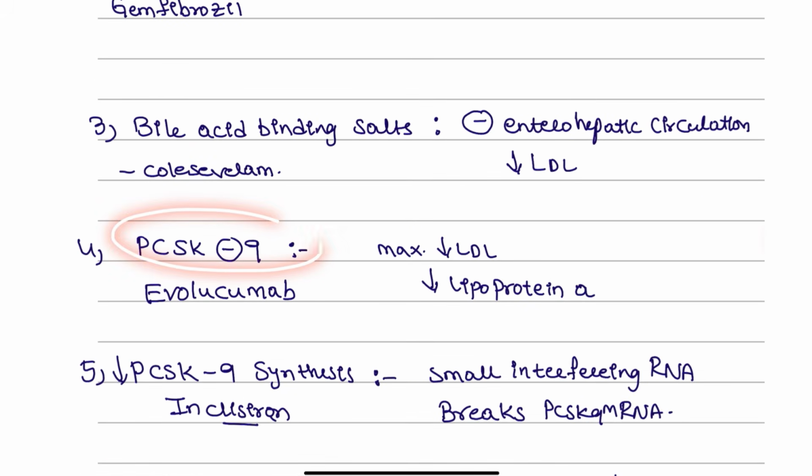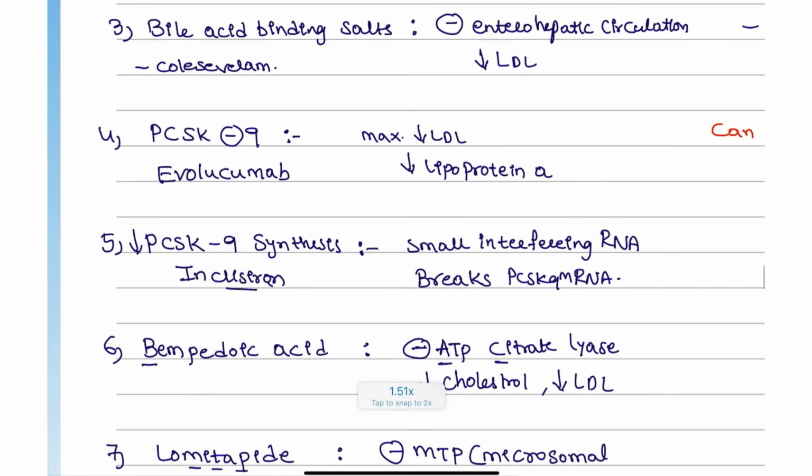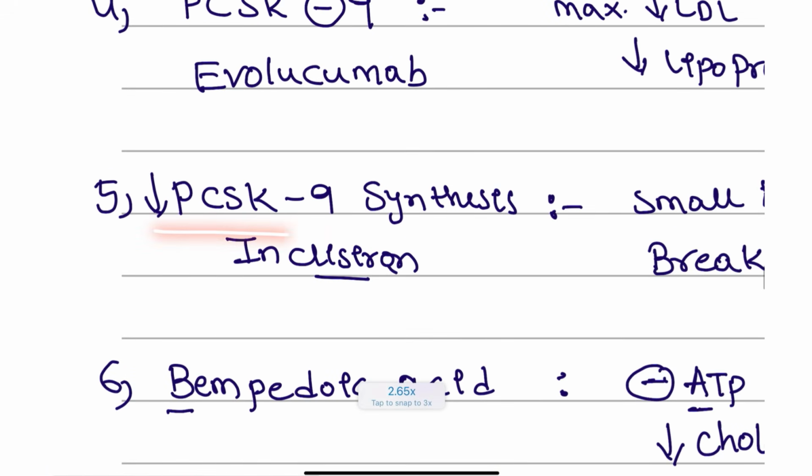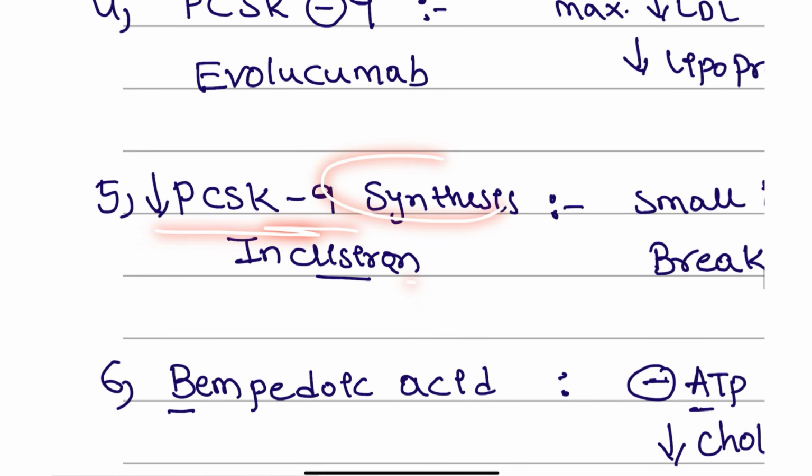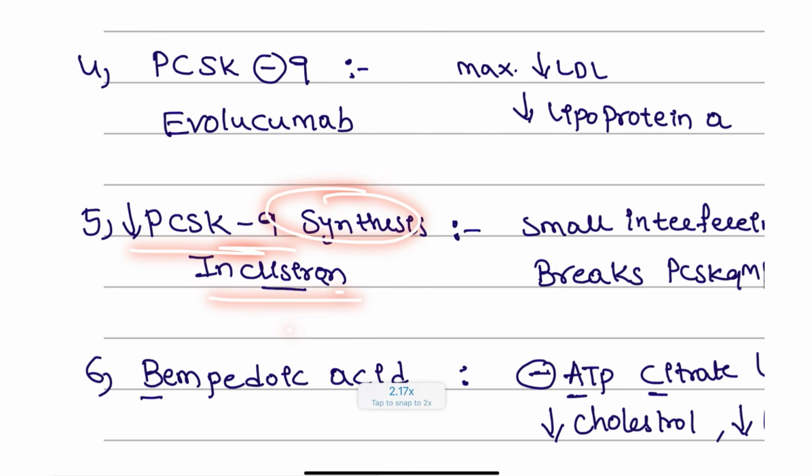And PCSK9 blocker. So this is the common drug evolocumab, and maximum LDL and lipoprotein A activity will be decreased in this patient. And the PCSK9 synthesis blocker, that is the inclisiran.